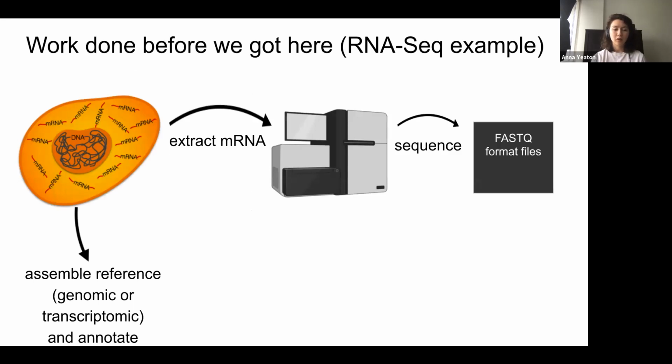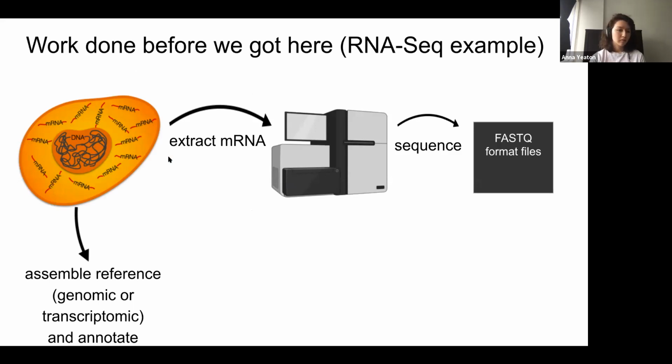This is a workflow of what's been done before we touch our FASTQ files. We have our cell, and this is an example of RNA sequencing. We have our DNA, and someone spent a lot of time assembling a reference genome or transcriptome, and they made it available for all of us to use.